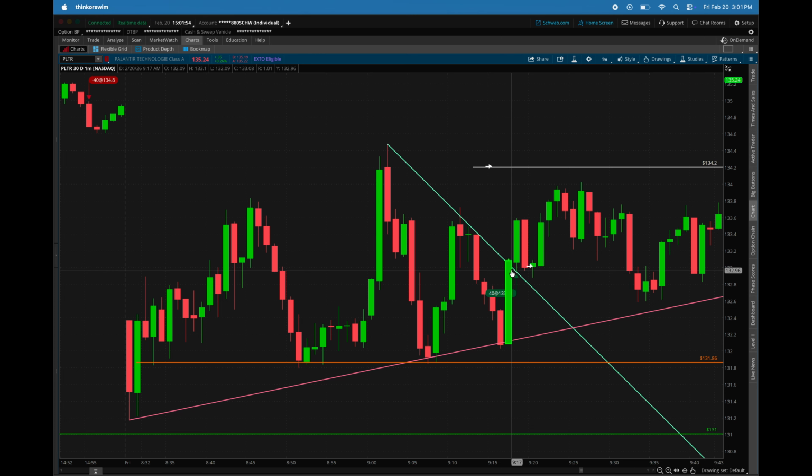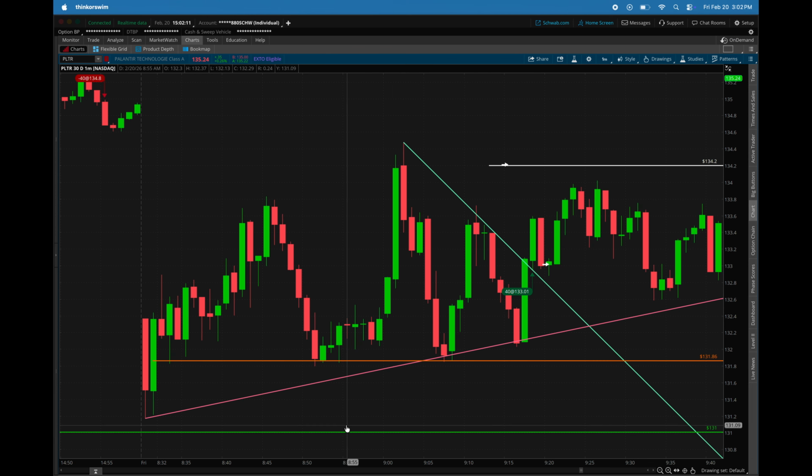Gives me extra confirmation. But it's not just because it formed a pattern here. It's where the pattern was formed. So the reason I look for a bullish setup here is because the pattern was formed above the low of yesterday.